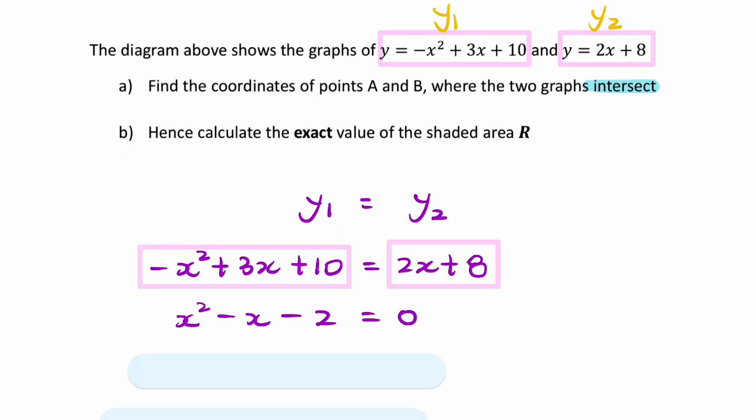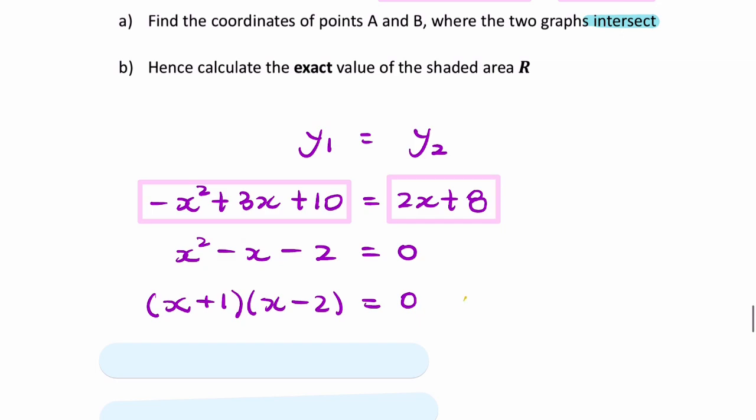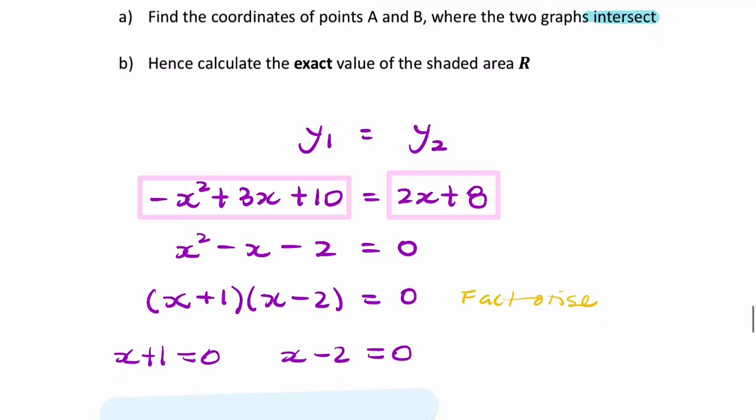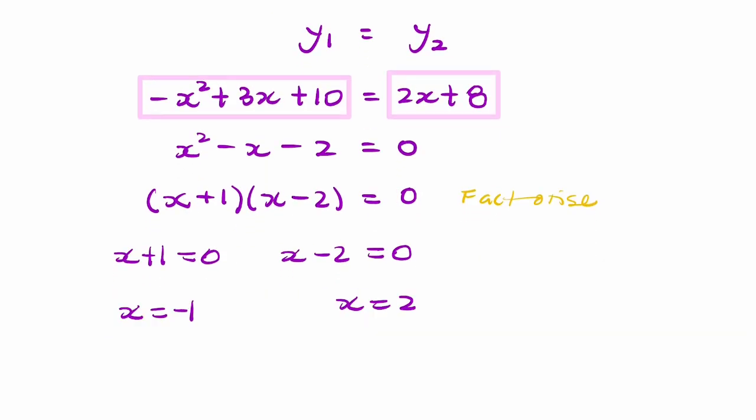So you're going to factorize that into your two factors. The benefit of factorizing is that you can then say that one of these two factors needs to be equal to 0 for the product to be equal to 0. So that gives us our two solutions.